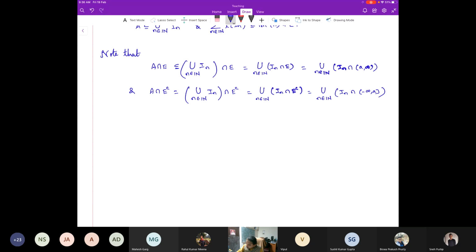The first thing to observe is that the intersection of any two intervals is again an interval.